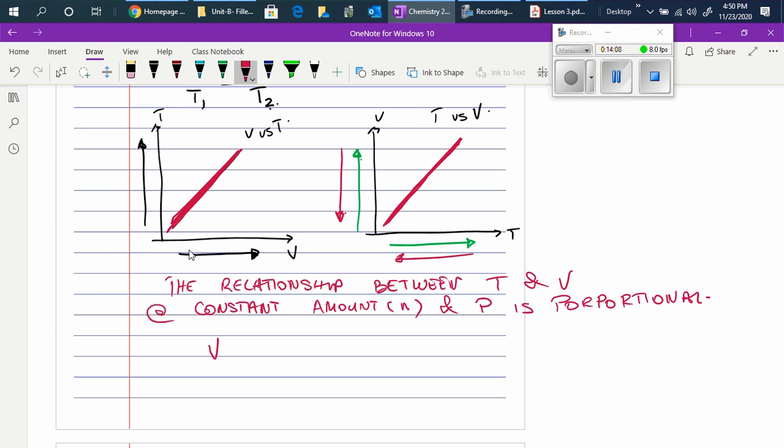So in other words, as the temperature is increased, the volume will increase as well. Or if the temperature is decreased, the volume will decrease as well. You can even say vice versa, that temperature is directly proportional to the volume, which means that if the volume is increased, the temperature will be increased as well. Or if the volume is decreased, the temperature will decrease as well.